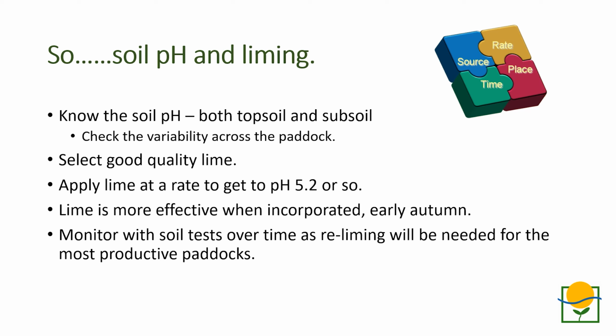Lime's most effective when incorporated in the early autumn because that gives time for the release of carbonates to neutralise the hydrogen ions. Ongoing monitoring is important through regular soil testing, as reliming will almost certainly be needed after 5 to 7 years in the most productive paddocks.